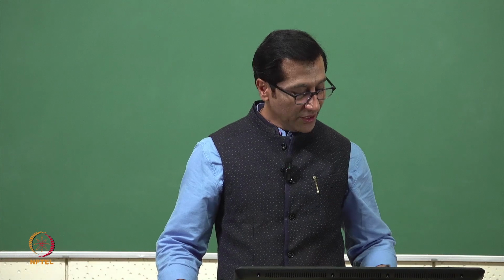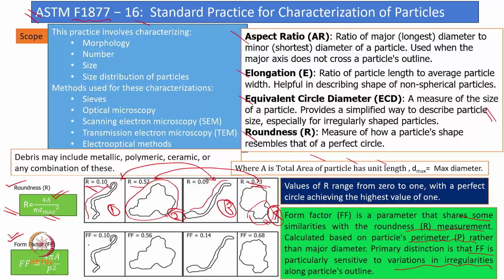That's very important. If you compare here, even for the same dimension, form factor is 0.1 and R is 0.1, there is no difference. Here R factor is 0.52, and form factor gives a slightly higher value, 0.52. Here R factor is 0.09, and form factor is 0.14. Here R factor is 0.73, and the form factor gives 0.68, which gives a more realistic value to me.